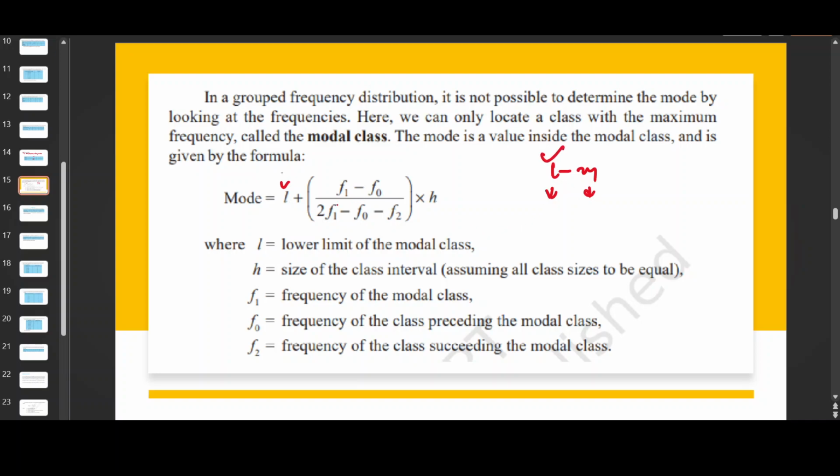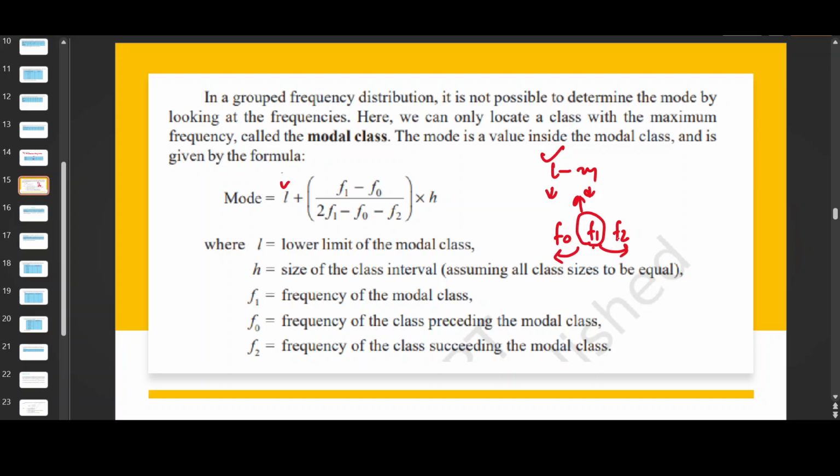Now plus here, three types of frequency: one is F1, F2 and F0. This is the frequency of the modal class, this class interval. Now this is the preceding and this is the succeeding frequency.